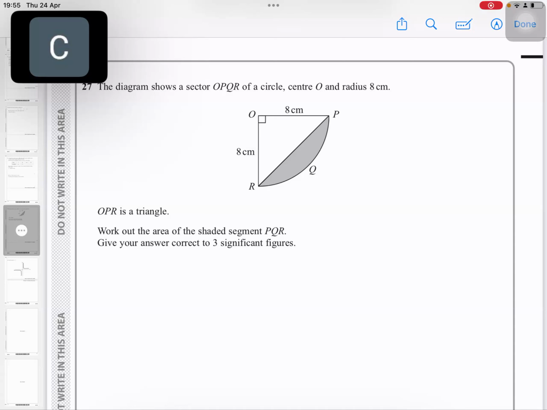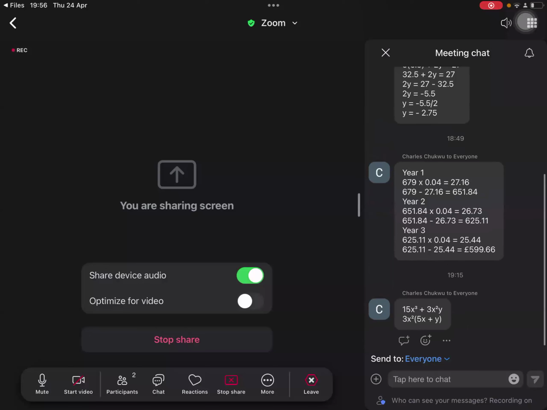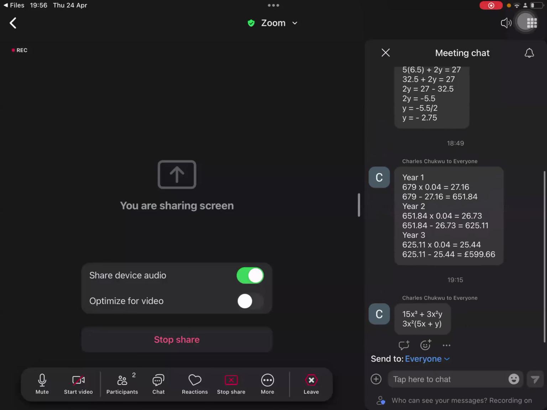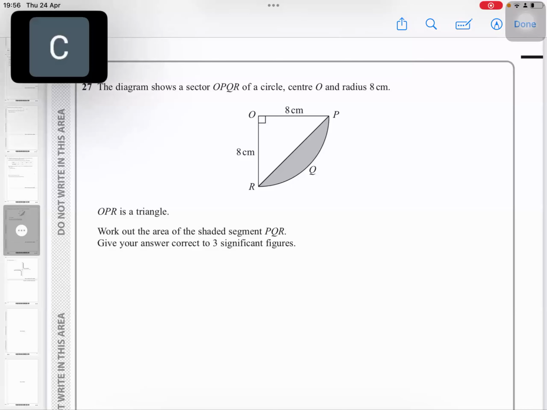Can you see how I arrived at my decision? Do you understand why I had to say subtract the area of the triangle from the area of the quadrant?